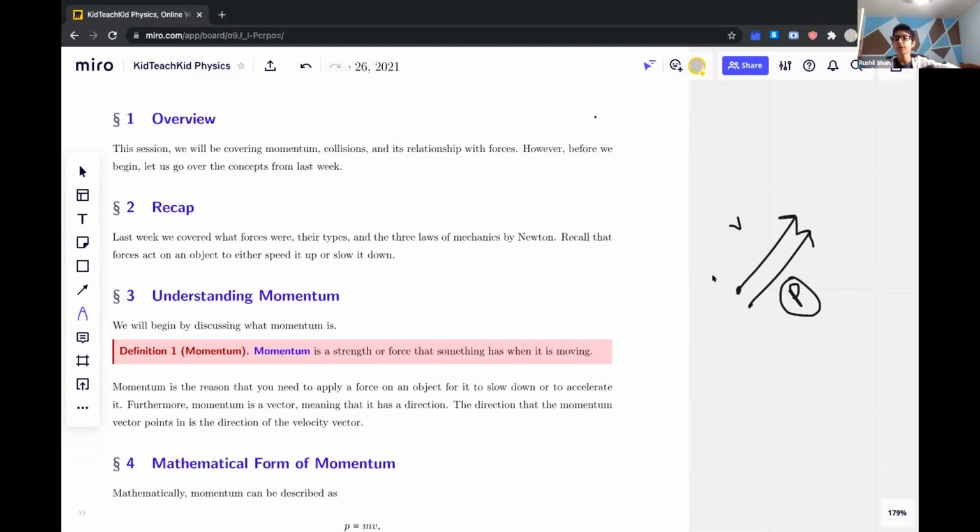I'll be covering that in a few minutes, because momentum will be used in collisions, and that's pretty much the main use of momentum. You're not going to usually see it anywhere else. Mostly when two things are colliding with each other, that's when you'll have to use momentum. That's a good question. Are there any other questions before I continue?